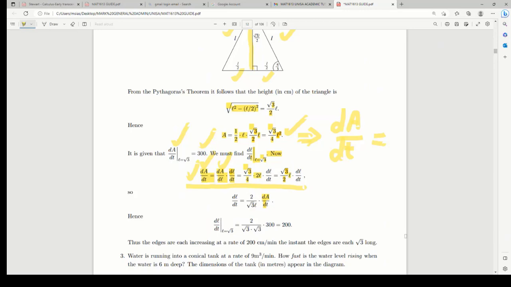So you have 2 over, because you are dividing the left and the right-hand side by square root of 3 over 2 times L, so that you have the reciprocal of that. And you do your substitution at the point in time when L is equal to square root of 3. Square root of 3 times square root of 3 is 3, so you have 2 over 3 multiplied by 300 gives you 200. Okay, great.